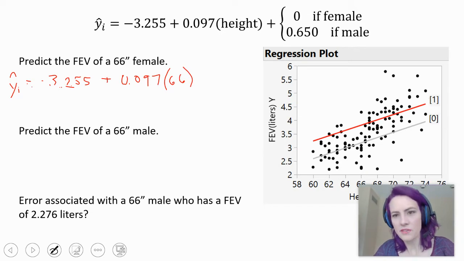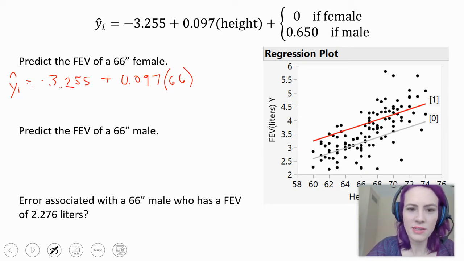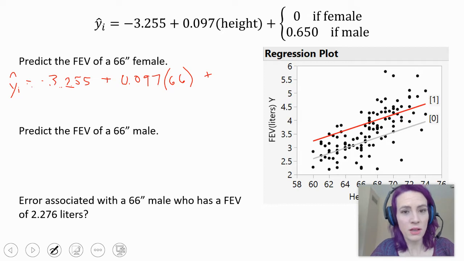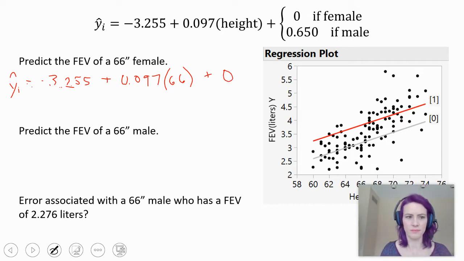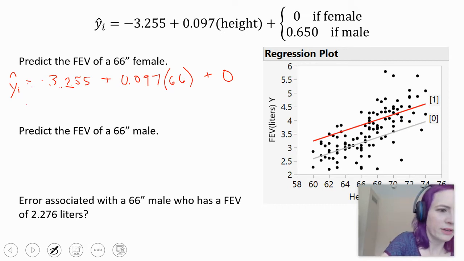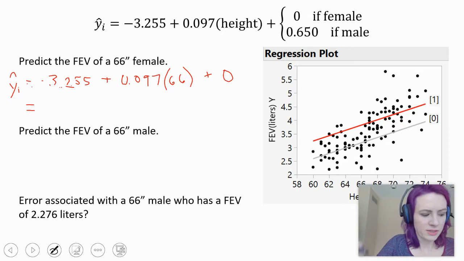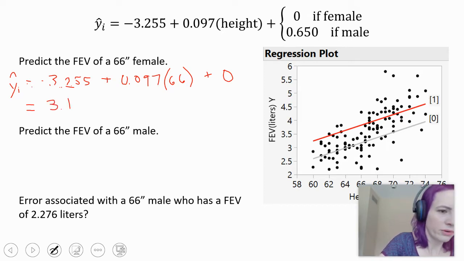And then you don't really have to show this next part, but just to emphasize, since it's a female, we're adding 0. So there's no extra amount there. Okay, so just punch that in your calculator. And for this female who's 66 inches tall, we'd expect a FEV of 3.147 liters.